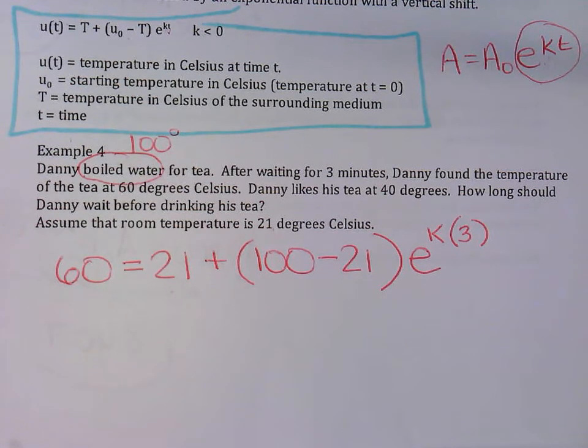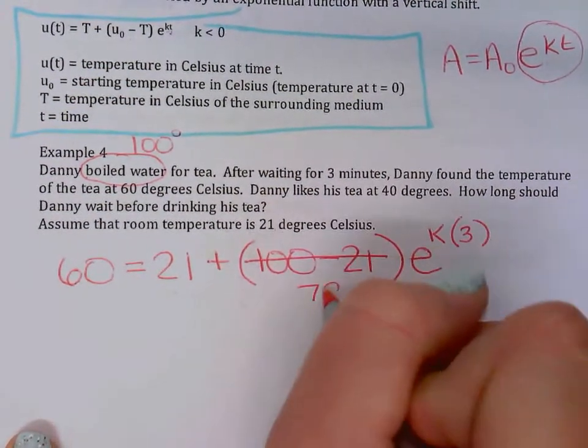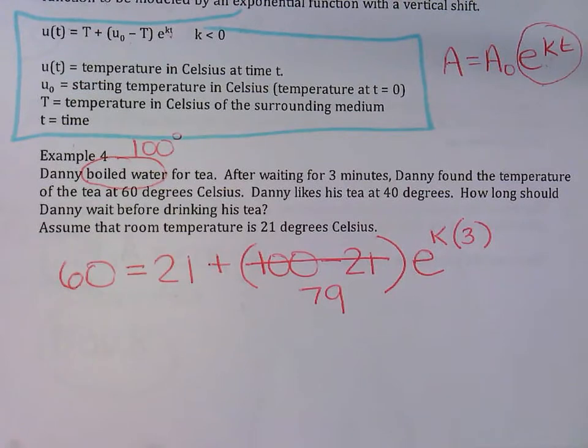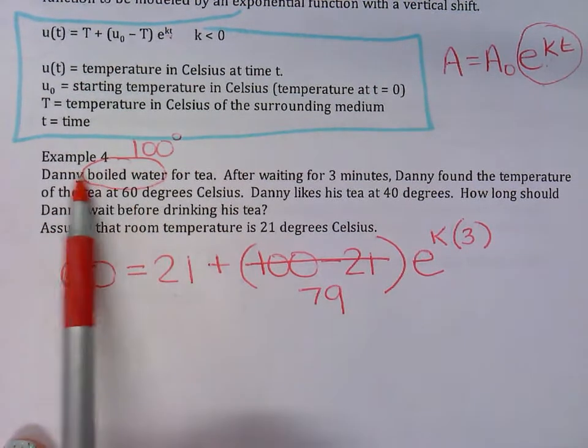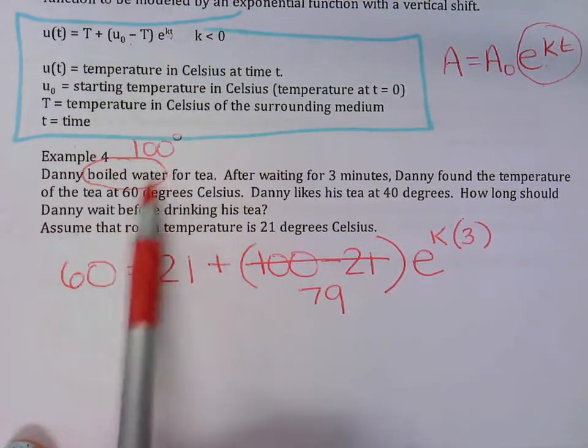So we've got to know order of operations. What should I do first for order of operations? Parentheses, right? So 100 minus 21, is that 79? Okay, so that's 79. What's my next step? 100 is the starting temperature. The tea boiled to 100 degrees.